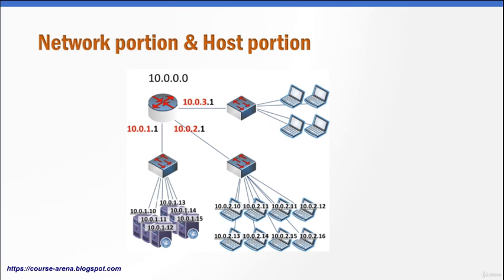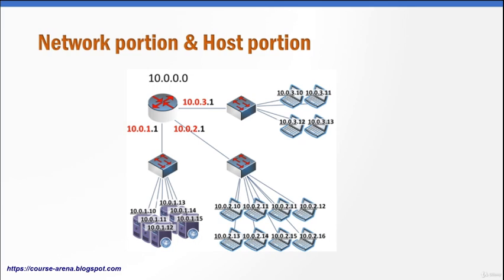The network part is the same for all devices and for the gateway. In our third network, we got the same situation. The gateway is 10.0.3.1, and the end devices have addresses that begin with 10.0.3.